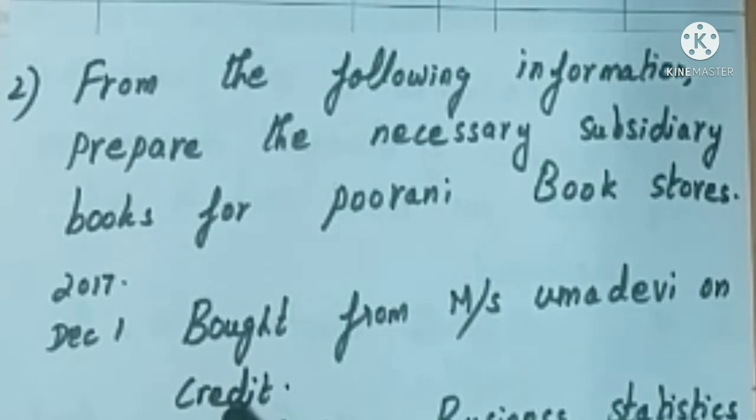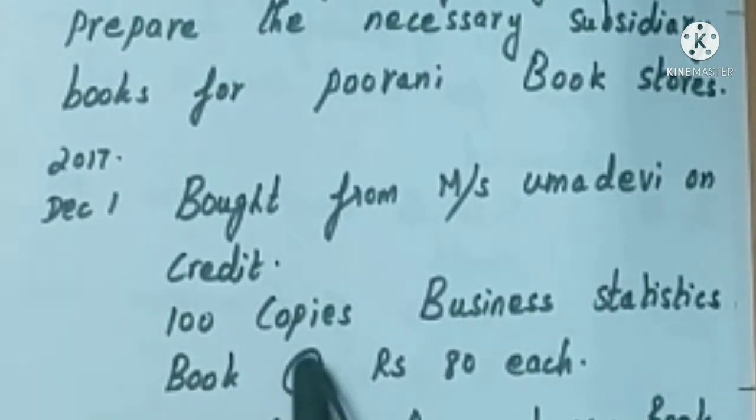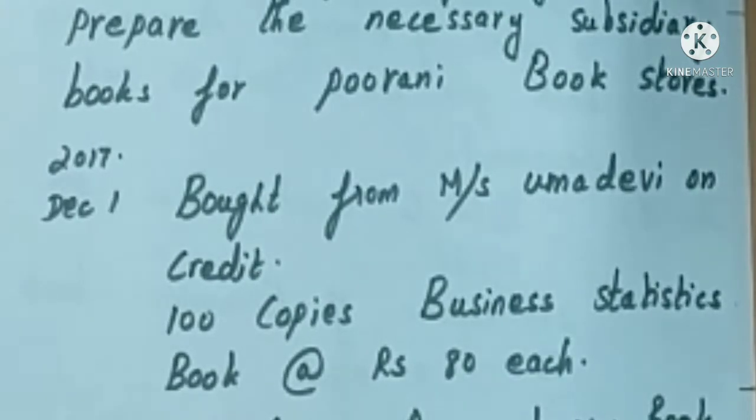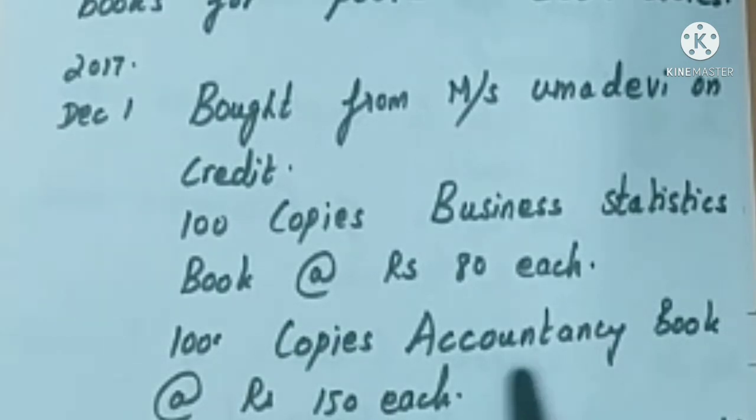So in this problem, we are purchasing from Uma Devi on credit, that is, bought from Uma Devi on credit 100 copies of business statistics book at rupees 80 each, then 100 copies of accountancy book at rupees 150 each.